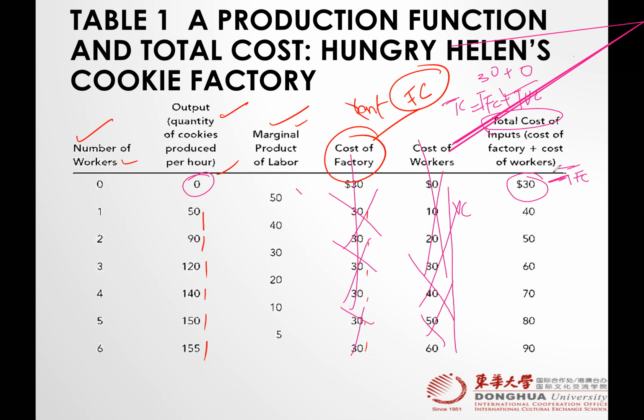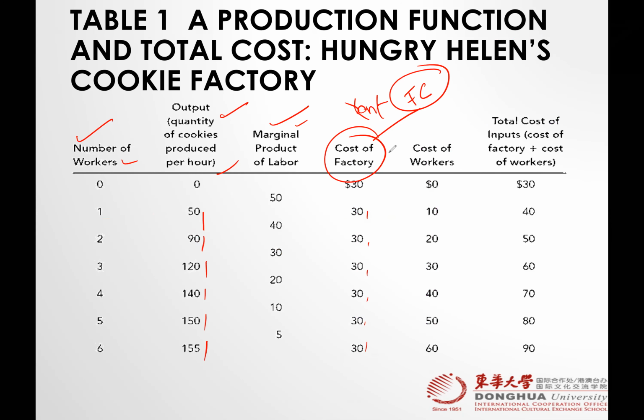We can easily find that. And what is the variable cost? You subtract 30 from every total cost here, and you can easily calculate the variable cost. So 60 is 90 minus 30, 50 is 80 minus 30, 40 is 70 minus 30, right? So you know how we can calculate the variable cost and fixed cost in different ways.